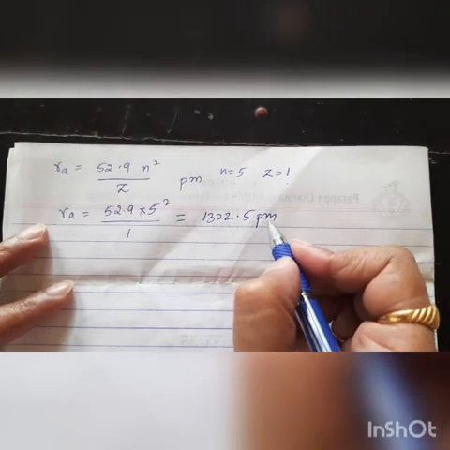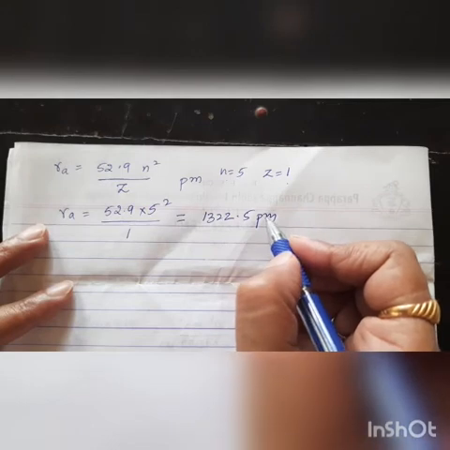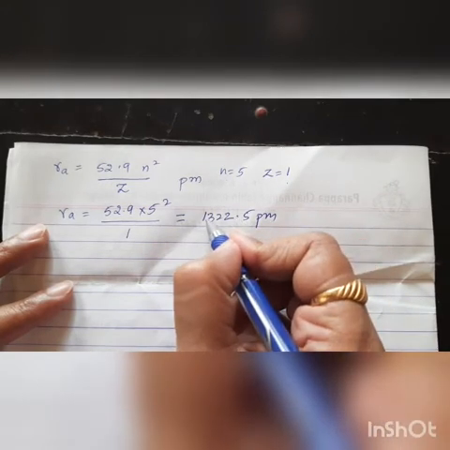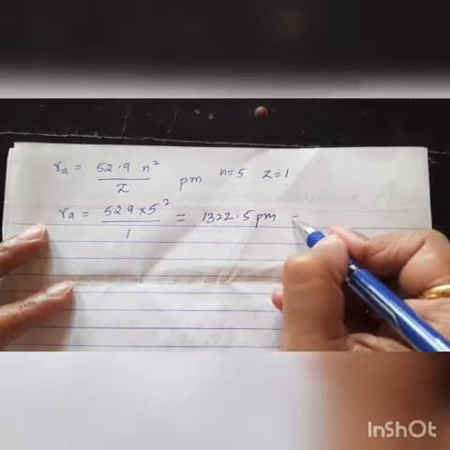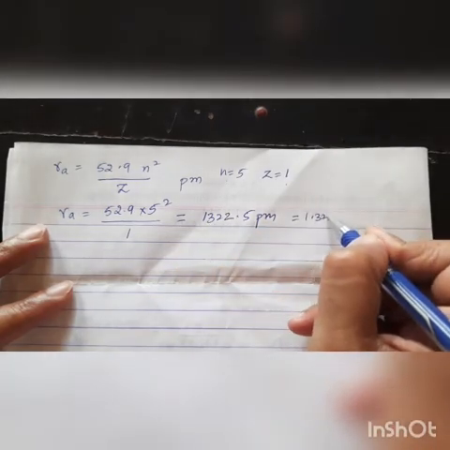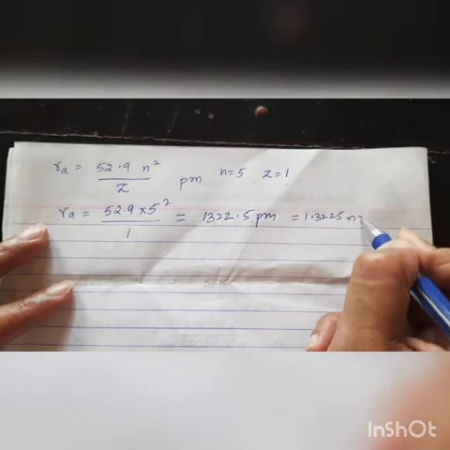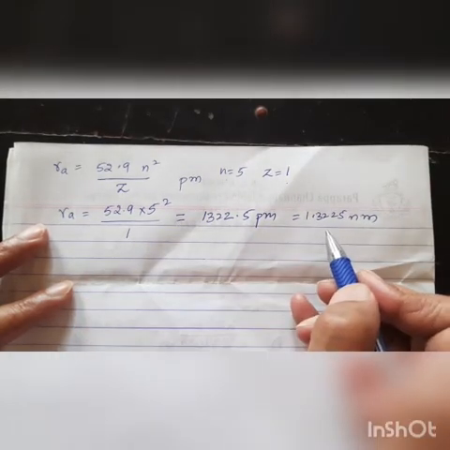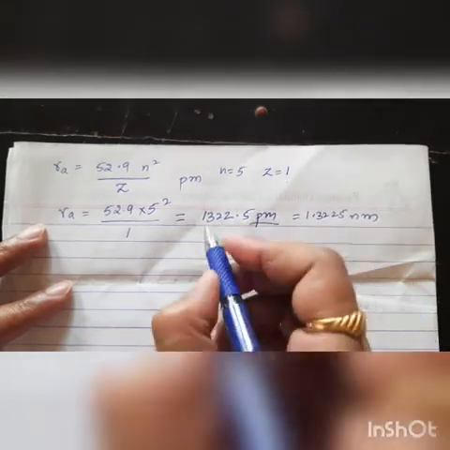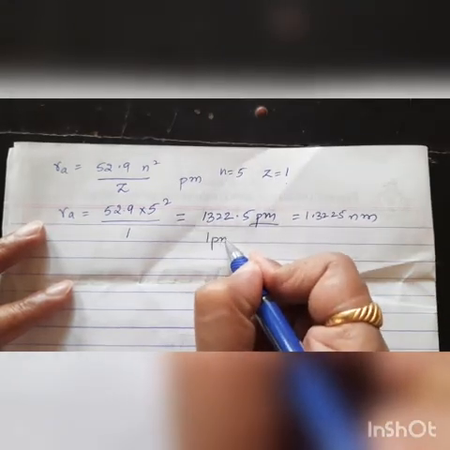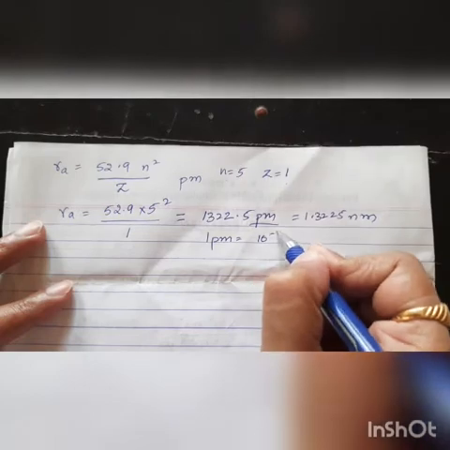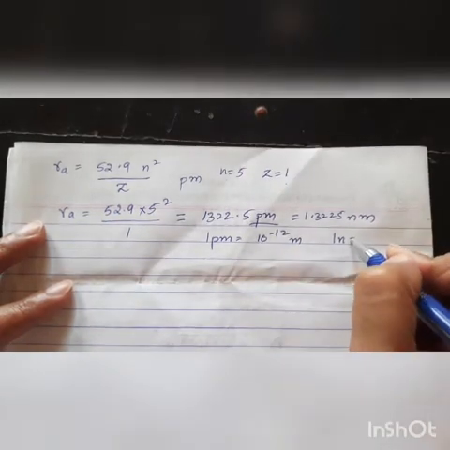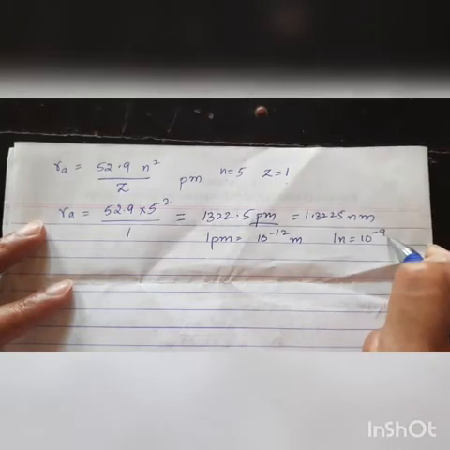You are going to get this in terms of picometer. If you want, you can convert it in terms of nanometer. So if you are converting to nanometer, the decimal point is going to shift, and you get 1.3225 nanometer. In this way, you can convert one form into another. 1 picometer is equal to 10^-12 meter, whereas 1 nanometer is equal to 10^-9 meter.